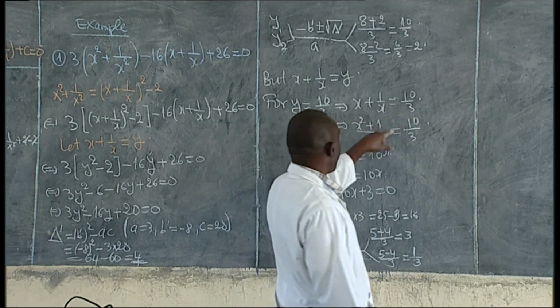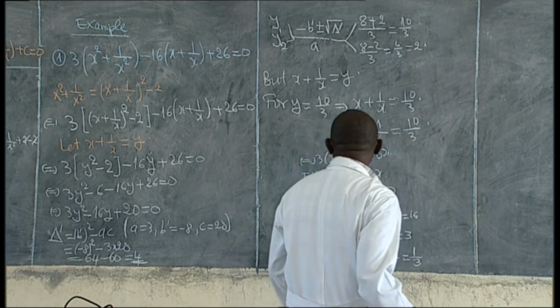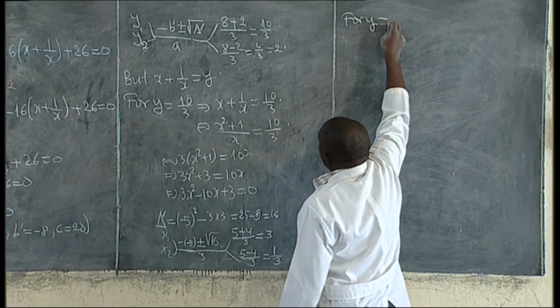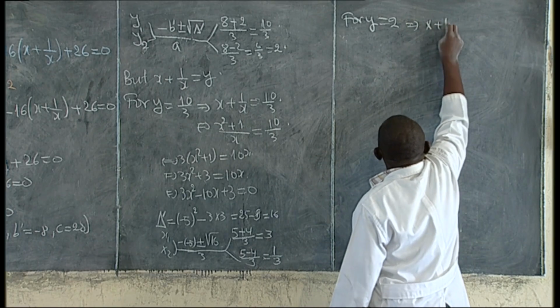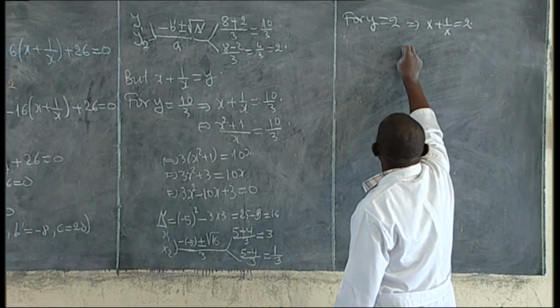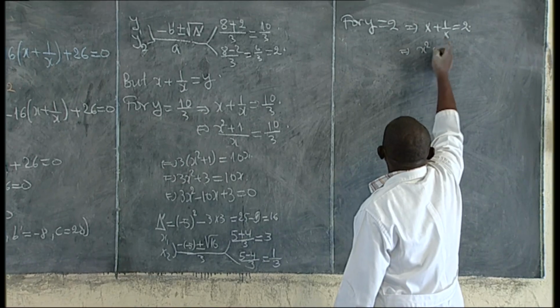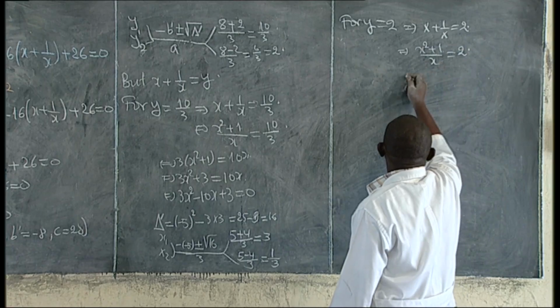For the other value of y, I mean this one, y equals x plus 1 divided by x, which is equal to 2. It means that on the common denominator, it is x squared plus 1 divided by x, which is equal to 2.